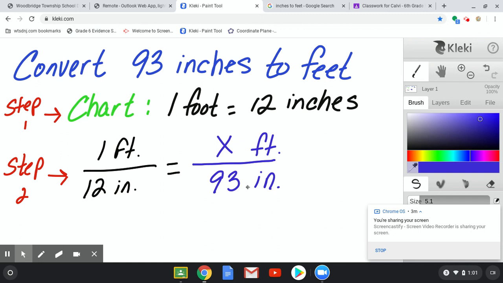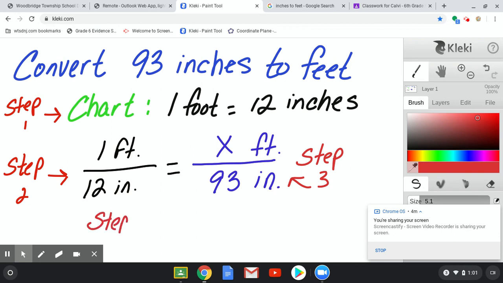And then step 3 was to use the information in the problem, which is the 93 inches to feet, to make up the second half of your proportion. Okay, so this was actually step 3.